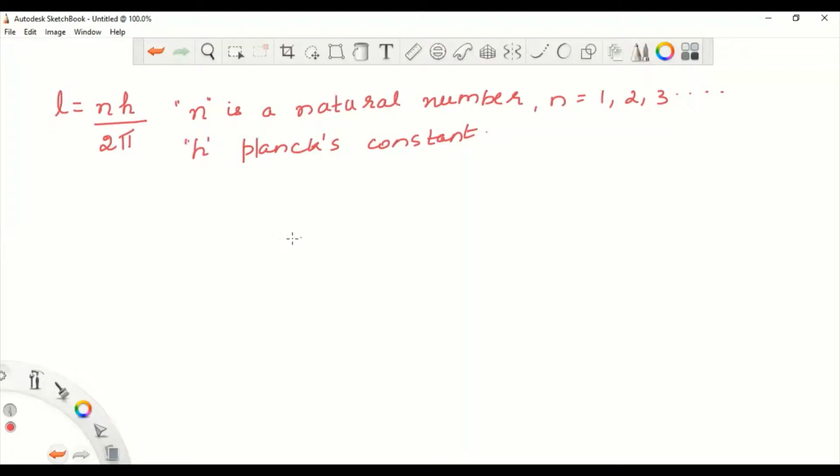This condition of discreteness is called Bohr's quantization condition, that is L is equal to nh by 2 pi.